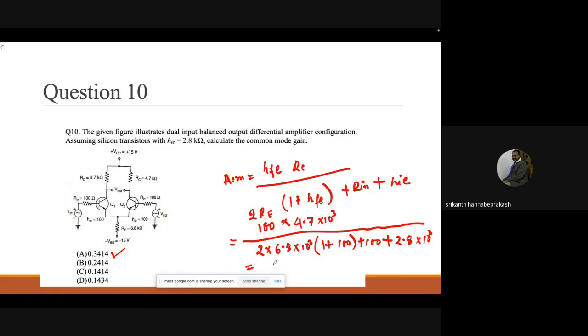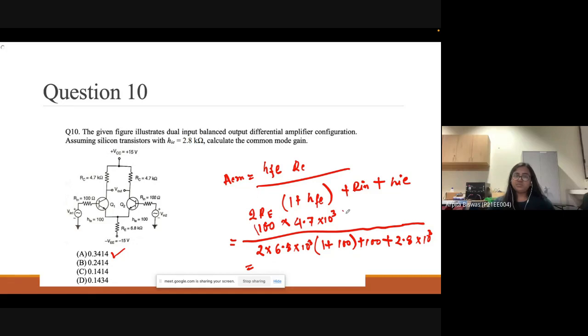12.4 into 101. Plus 2.9. Simply multiply this portion and then the second bracket is there, and add these things.